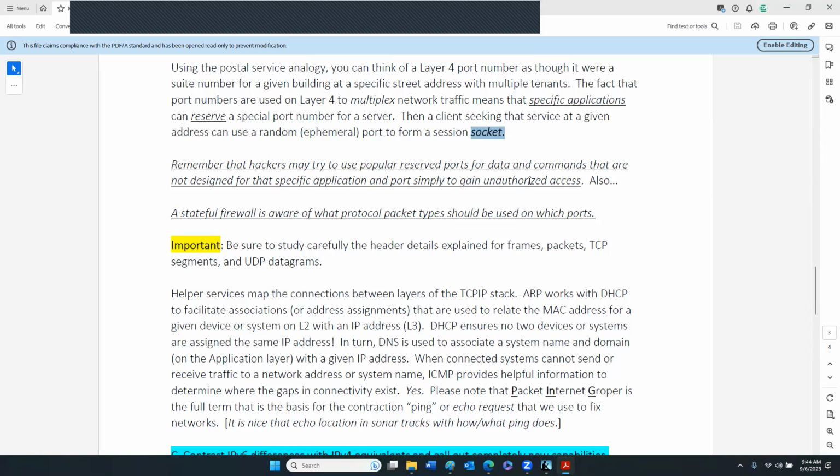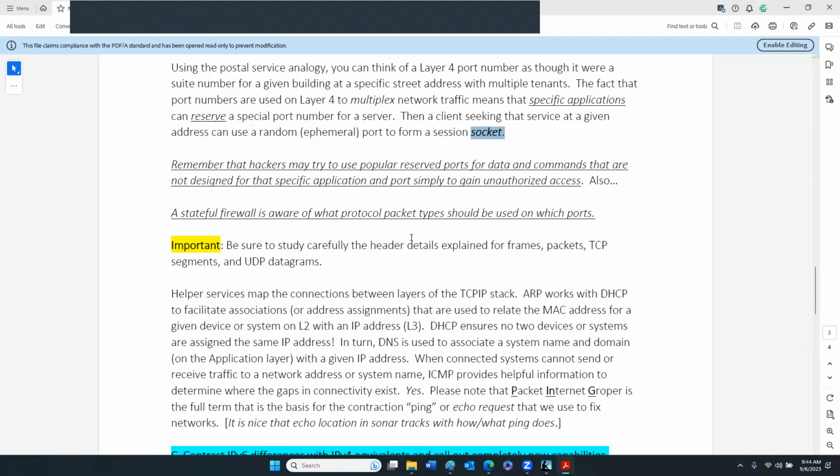If you form a connection, the connection is expressed and established with two sockets, one on the client side and one on the server side, separated by a comma. That is how you articulate or work with a connection in TCP on layer 4.